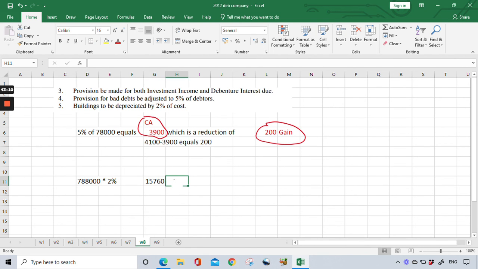That figure there is my P&L expense, and it's also accumulated depreciation, because there was no accumulated depreciation given for that. So there are two figures, and that's it for the notes.